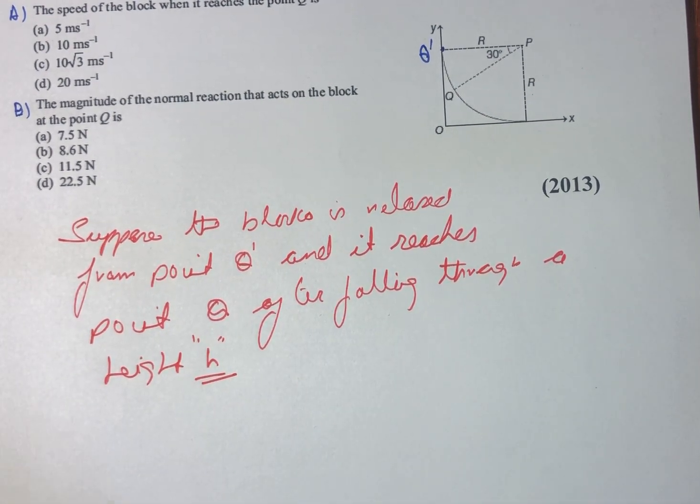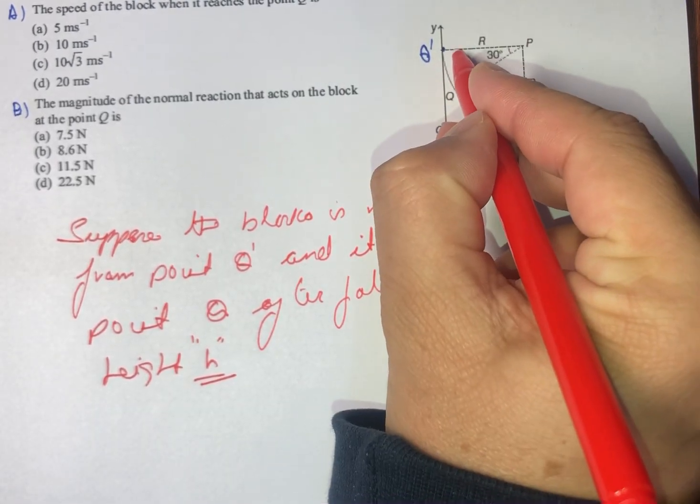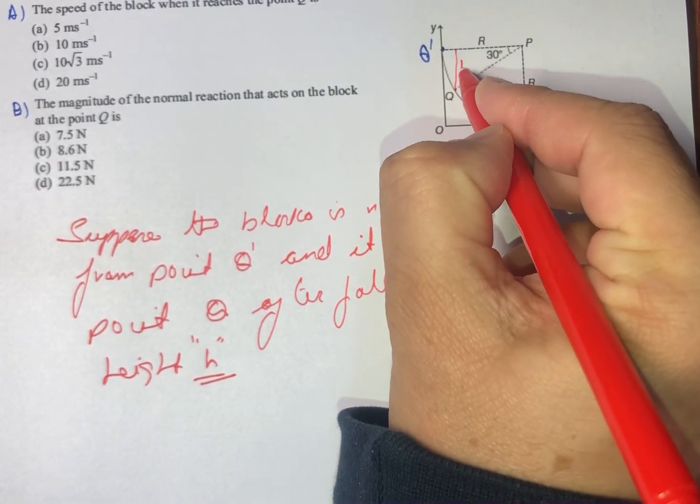So it means from Q prime to Q, it falls through the height h. So this is our h.